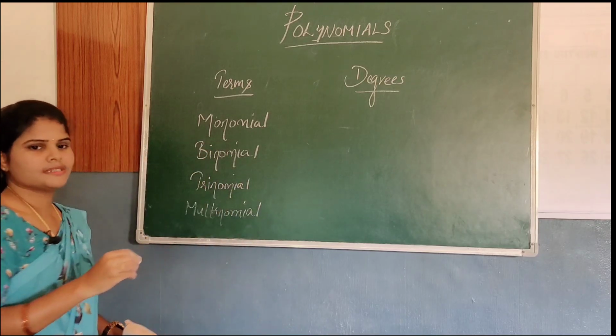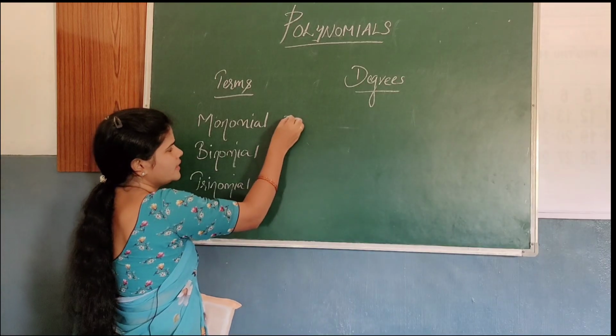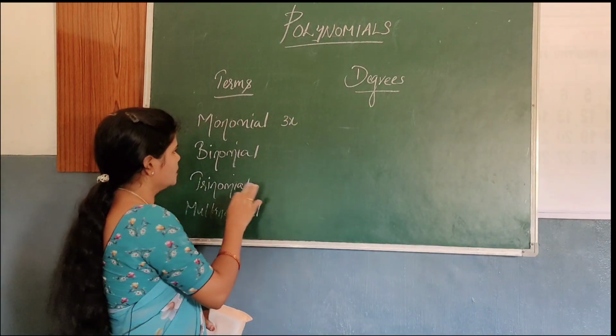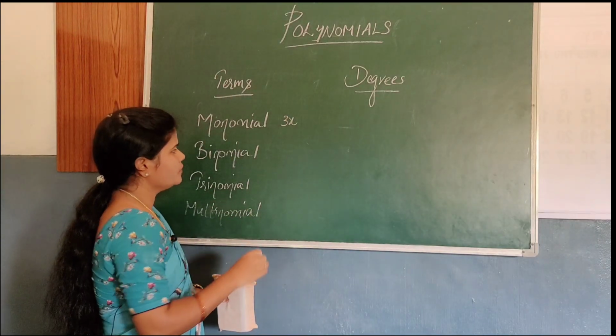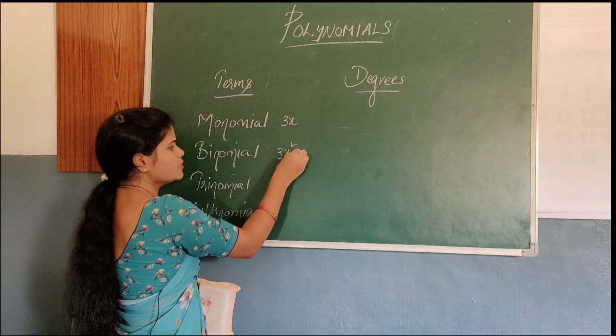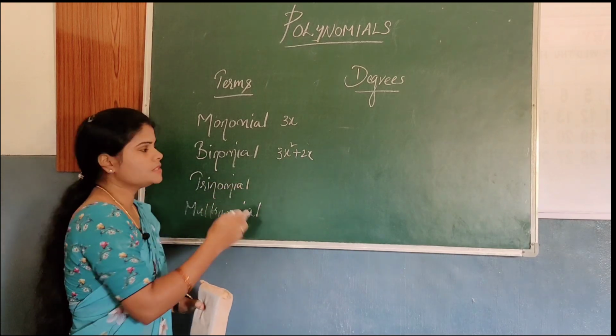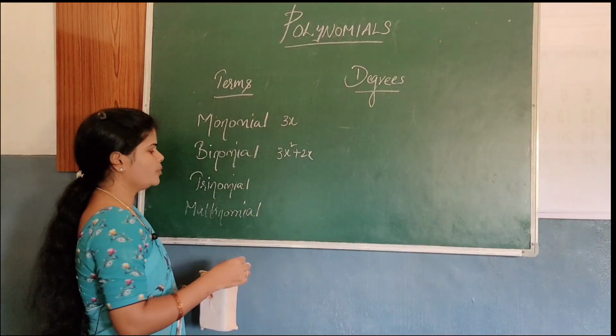Mono means one, a single term. You can take any 3x something. Binomial is a polynomial equation which has two terms, in the sense 3x squared plus 2x. Binomial means 2, so the polynomial equation which includes two terms is called a binomial.